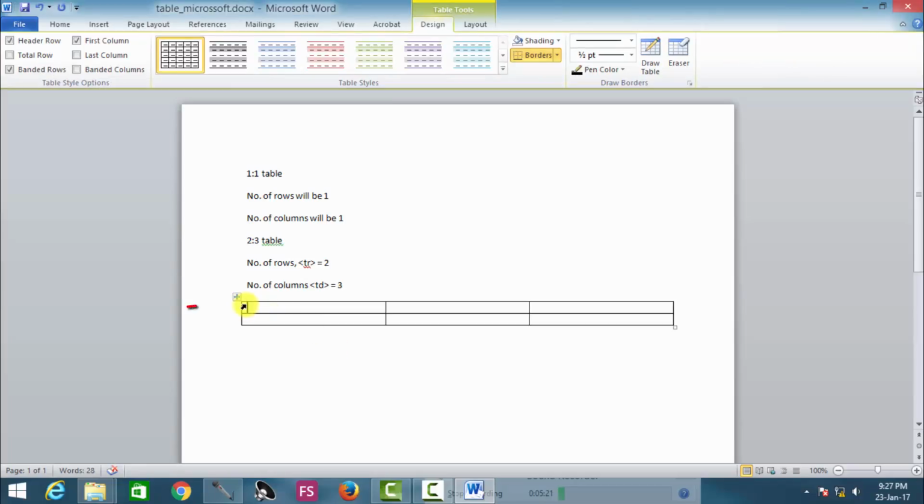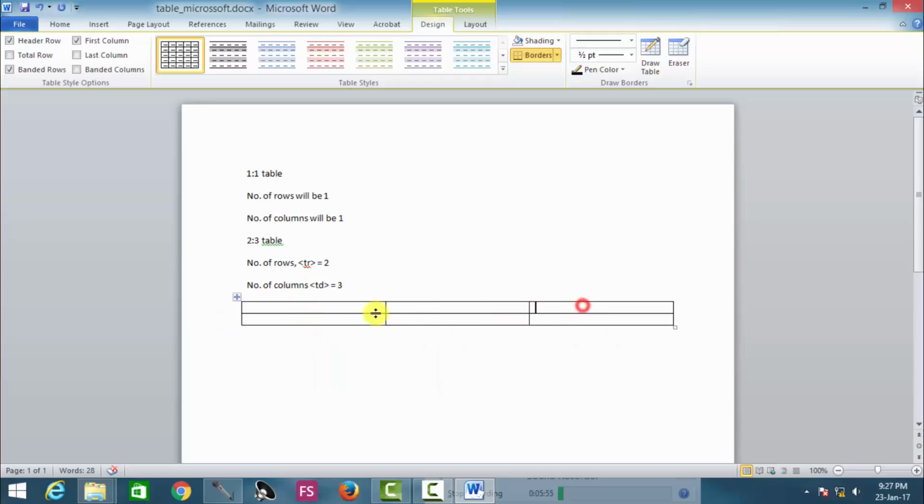Here you see, this whole thing is the first row, but the first row is divided into 3 particular columns, 1, 2, 3, and this is the second row, which is also divided into 3 columns. That means number of columns will be the same in each case, but the rows will be different.